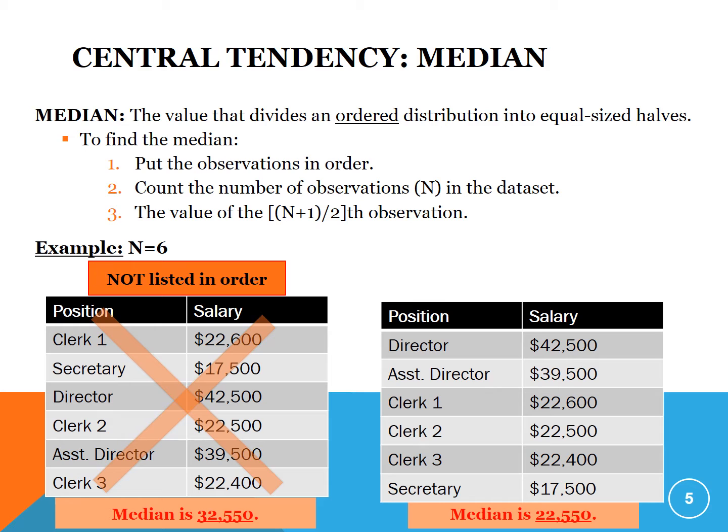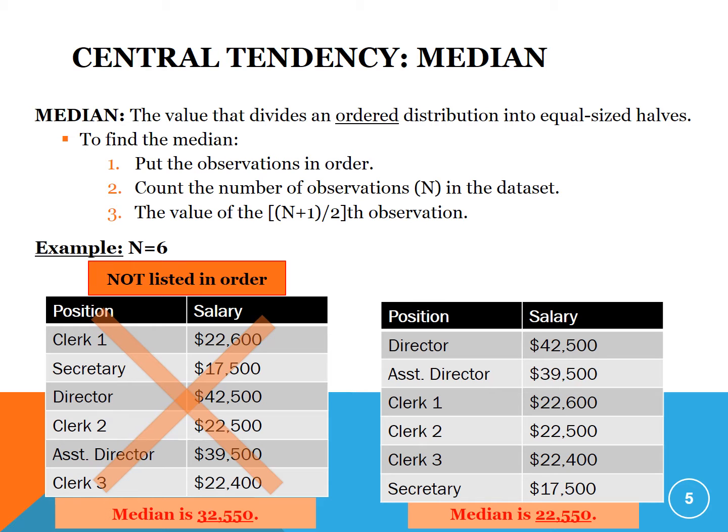So now that we have put it in order, we still have from step number 3 our equation: 6 plus 1, which is 7, divided by 2, which is 3.5. So let's use this right-sided table to come up with our median. We would count to 3.5.